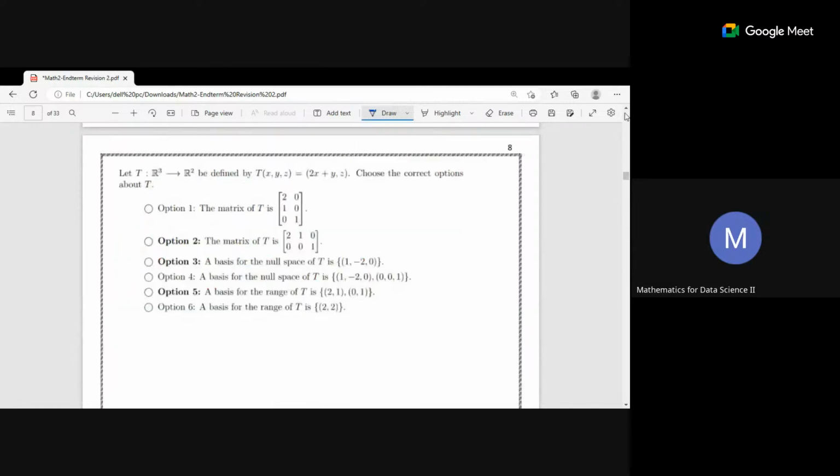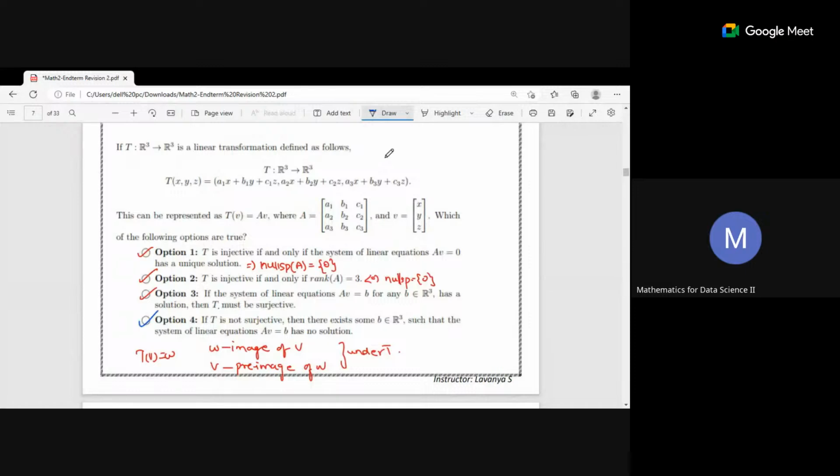So if you are having a transformation T from Rn to Rn, and you have the corresponding matrix representation, what can you tell about the homogeneous system and the non-homogeneous system? What can you tell?